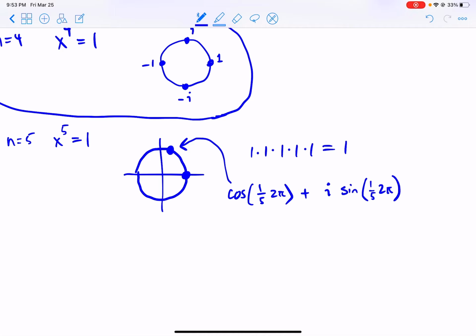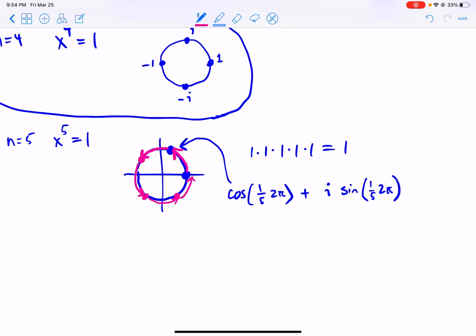Now let's check: if we go 1/5 of 2 pi and multiply it by itself, we go another 1/5 of 2 pi, and we'll be here. Then we multiply again, another 1/5 of 2 pi, and then another 1/5 of 2 pi, and finally we'll be back to 5/5 of 2 pi. And so that's how we get the right thing.